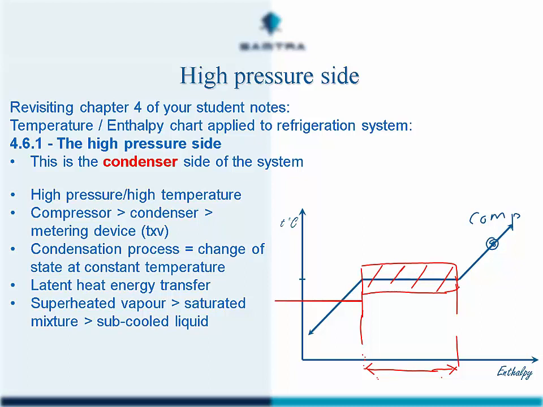So we have our vapor leaving the compressor, we're passing this way down the chart, we're going through the actual condenser, and then we're coming out subcooled.